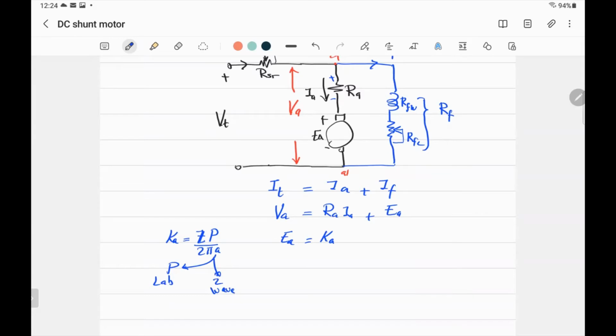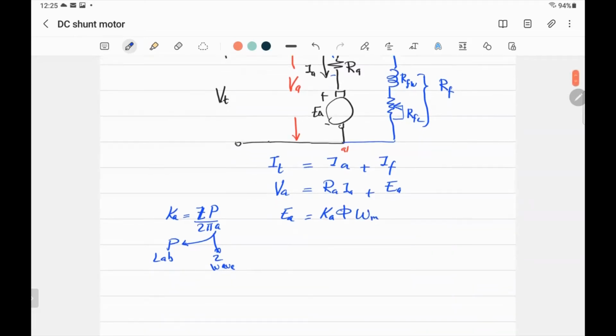It depends on the type of the winding. And then the EMF EA is proportional to the flux and also to the speed, omega m. And we know that the torque is proportional to the flux and the current.